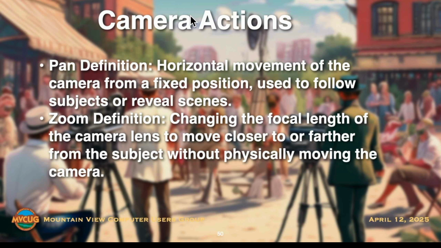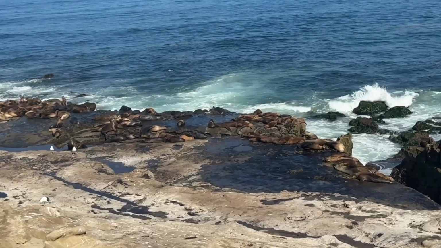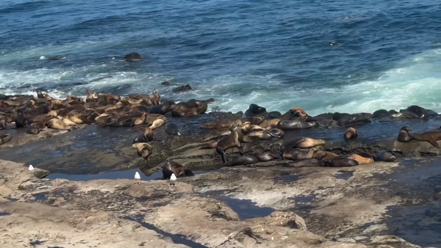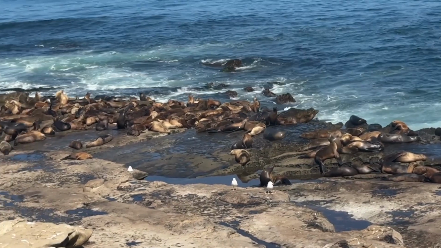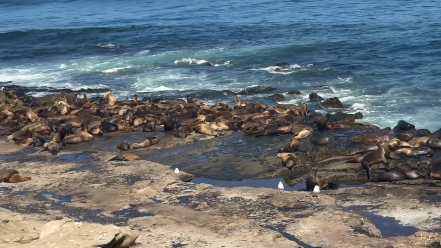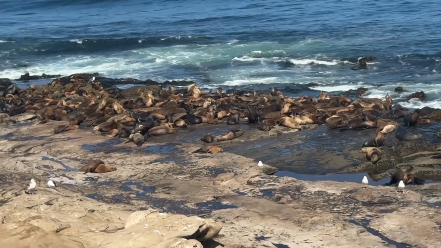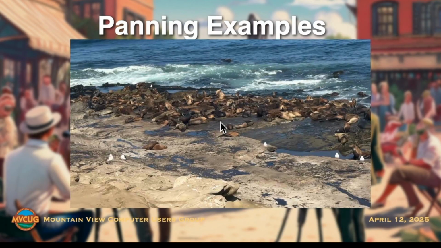So now, here's an example of zooming. This is a handheld zoom and panning. Now, combining those is okay, but you don't want to do it at the same time. That gets very complicated.